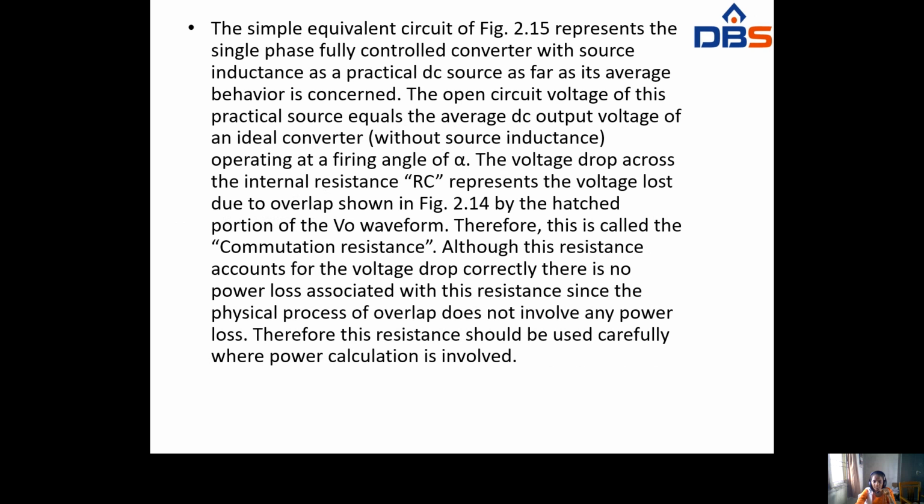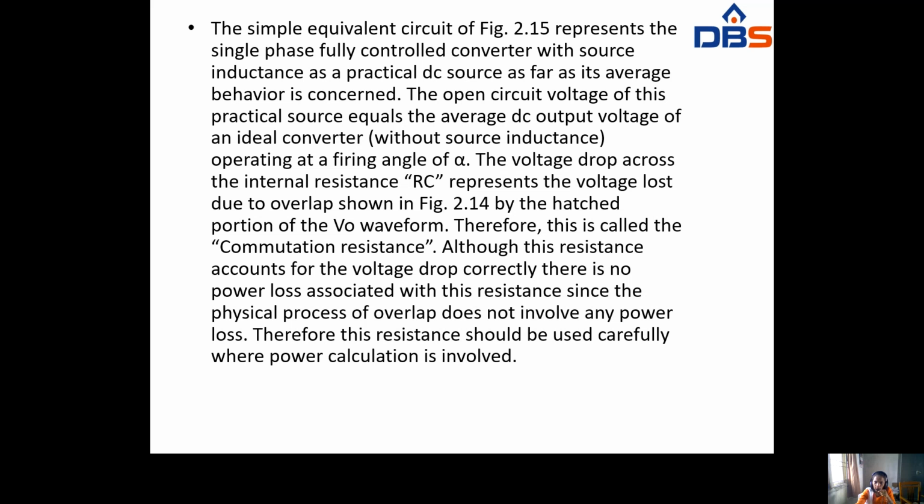The above figure represents this single phase full wave controlled converter with a source inductor as a practical DC source, as far as its average behavior is concerned.